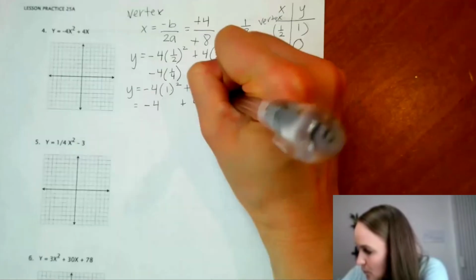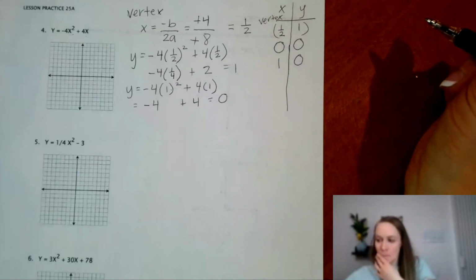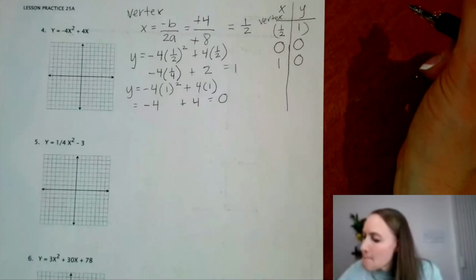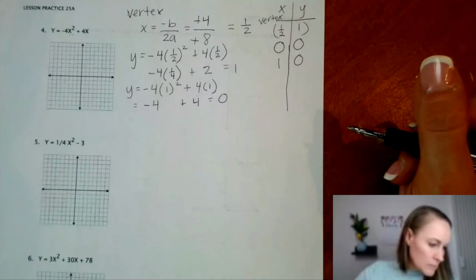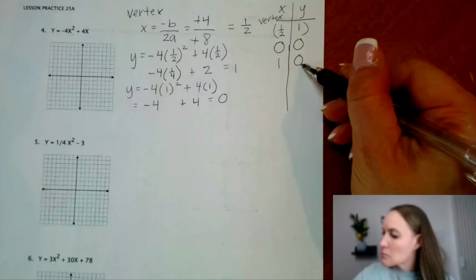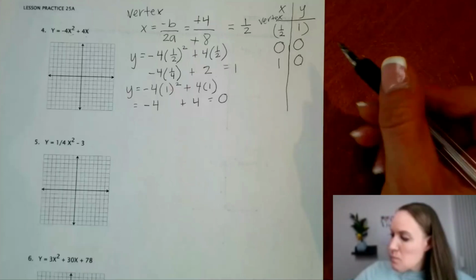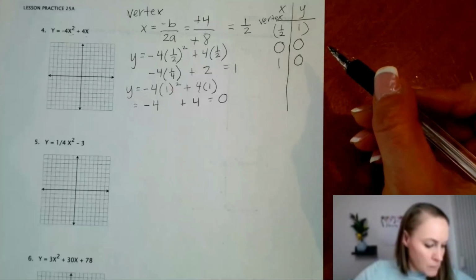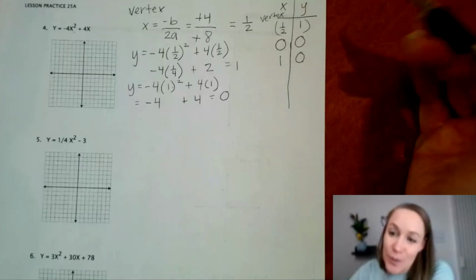So that's going to give me 0. Oh, and that works because 0 and 1 are equidistant from 1/2.